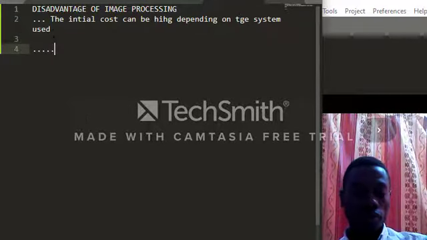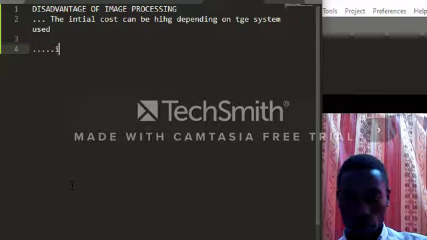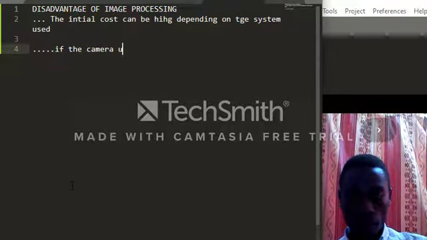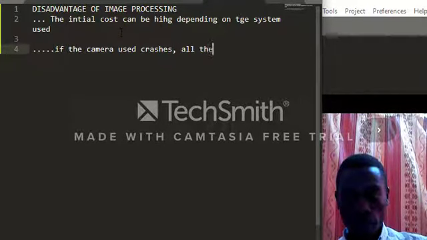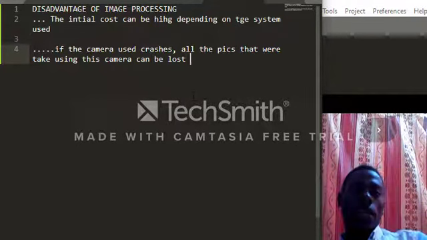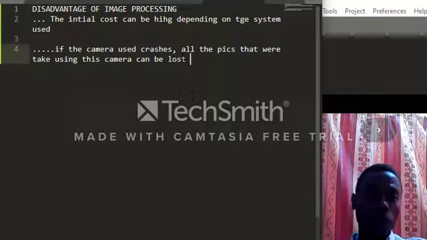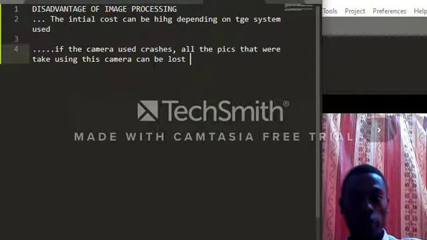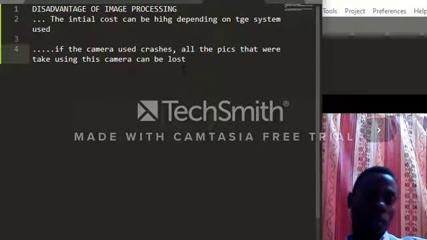So the second disadvantage is that if the camera used crashes, all the pics that were taken using this camera can be lost, and this happens in case you did not print out, you did not make some albums of all these pictures, or you do not have a backup.